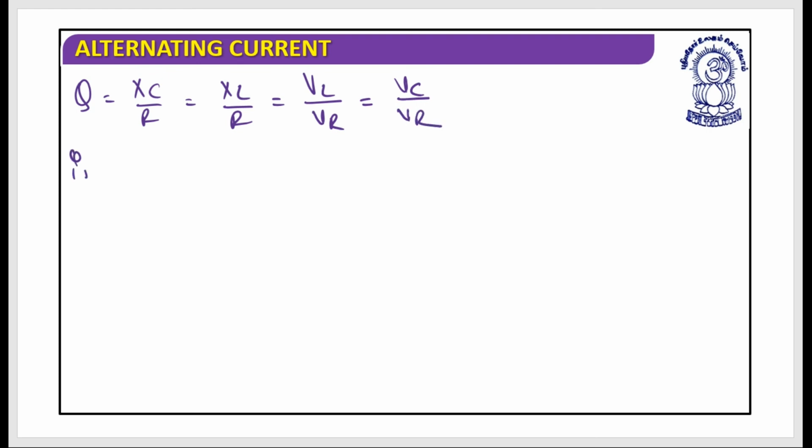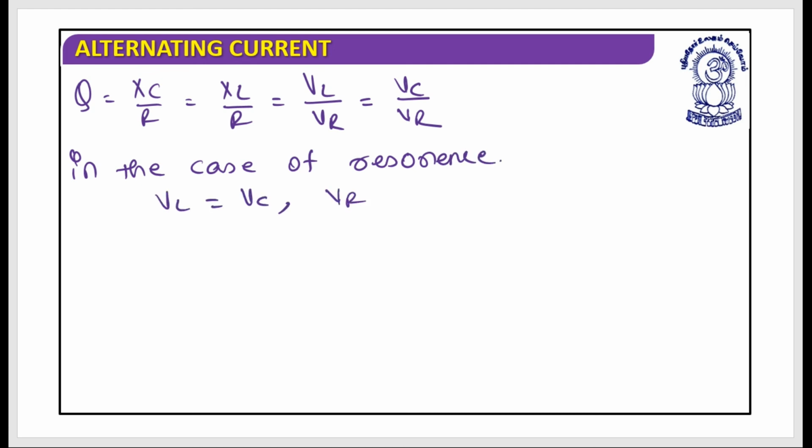One more thing: Q is equal to XC by R or XL by R, or as we have derived, VL by VR or VC by VR. In the case of resonance, we understand that VL equals VC and VR is equal to V, the supply voltage.